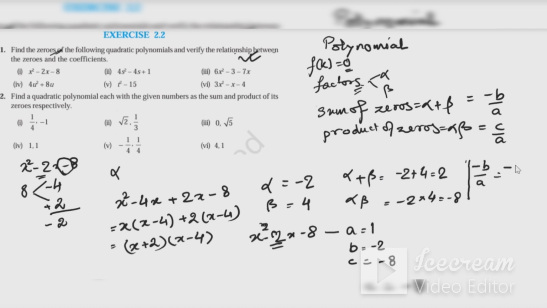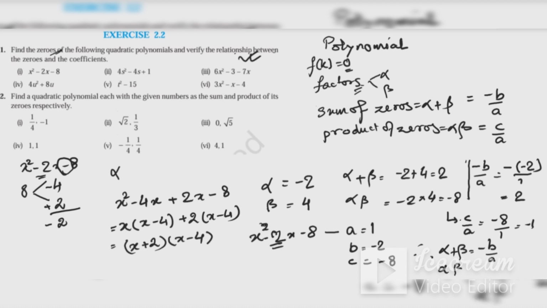Minus b by a is minus of minus 2 by 1, which is equal to 2. And what is c by a? C by a is equal to minus 8 by 1, which is minus 8. So from here I can get that alpha plus beta is equal to minus b by a, and alpha beta is equal to c by a. That is the first question.